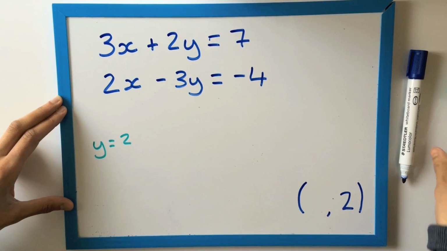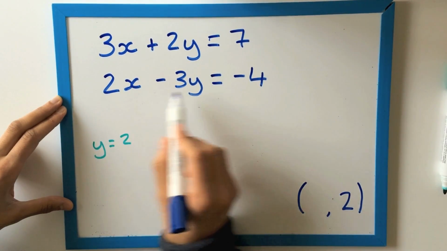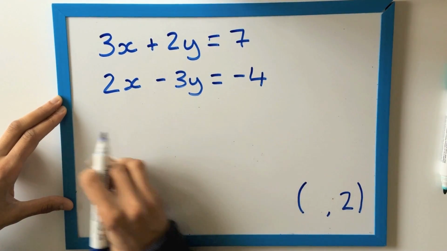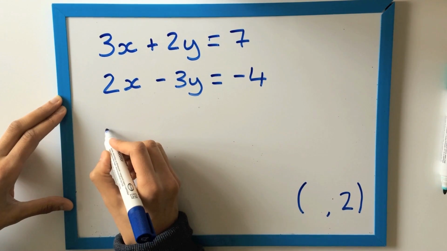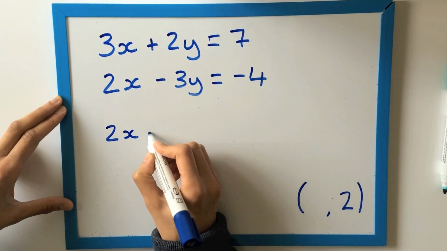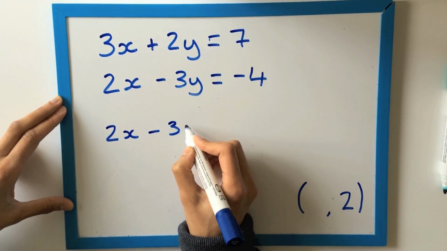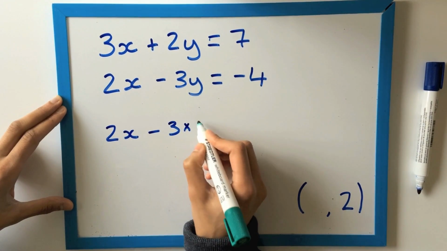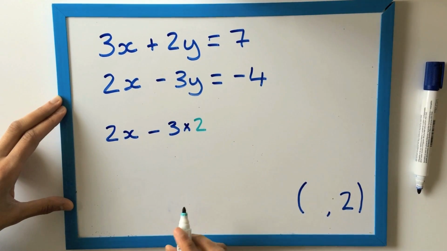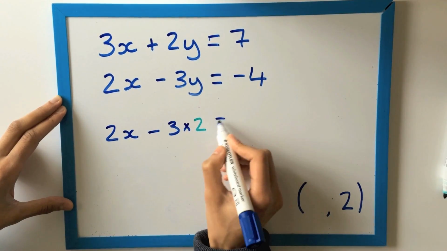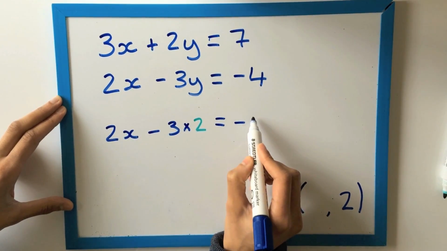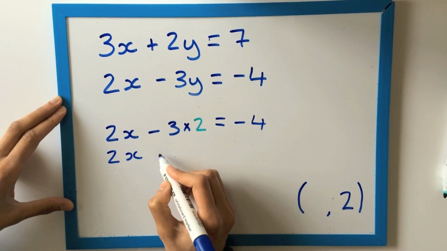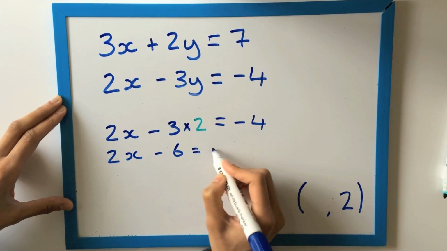So for this example, we'll use the second equation and substitute our value for y into that equation. So 2x minus 3 multiplied by our y value, which is 2. This gives us minus 4 according to our second equation. So 2x minus 6 is equal to minus 4.